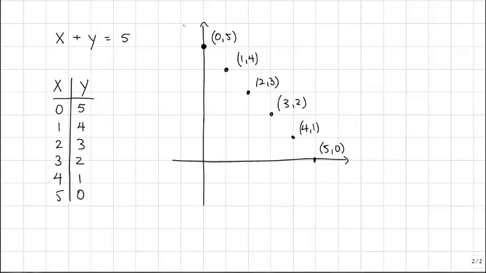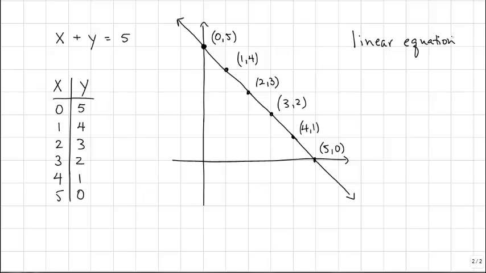And we could actually fill in every point in between any two of these. In fact, we could find an infinite number of solutions between any two of these. And the nice thing is that the points all fall on a line, which is why we refer to this equation as a linear equation, because the solutions fall on a line.